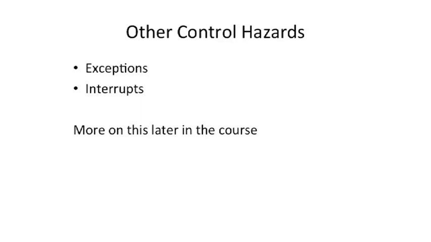A couple other control hazards that we need to talk about in this course are other things that can change the control flow of your program. And those largely fall into two different cases: exceptions and interrupts, and they're both related. Let's talk about what an exception is.